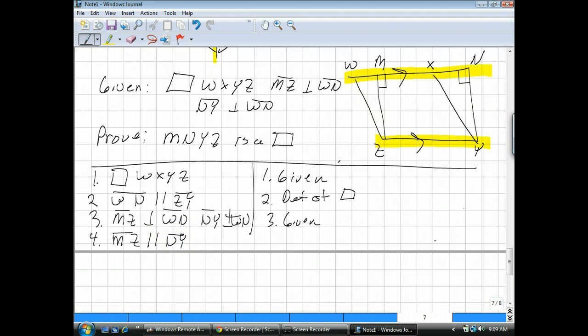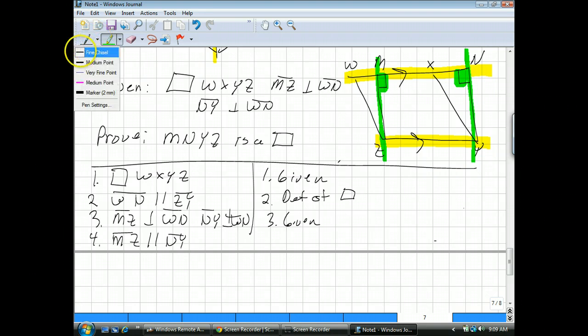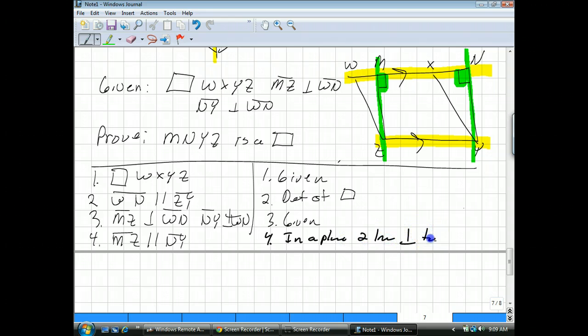Okay? So we're saying that this must be parallel to that. And because we have these right angles, we know that those are parallel because in a plane, two lines perpendicular to the same line are parallel.